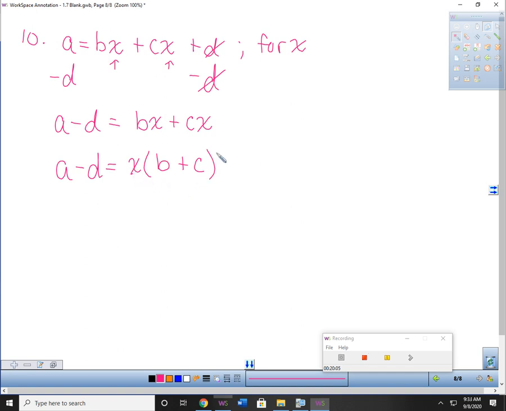Now it's just x times all of this. So if I want to get rid of that, all I have to do is divide by all of that, the b plus the c. So that cancels. X is equal to a minus d over b plus c.